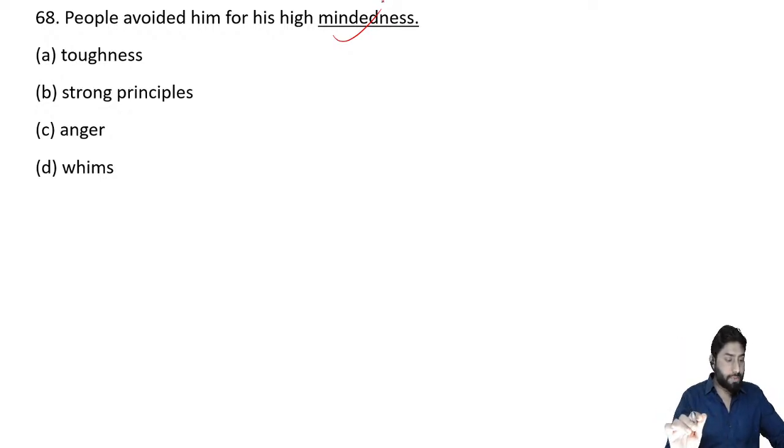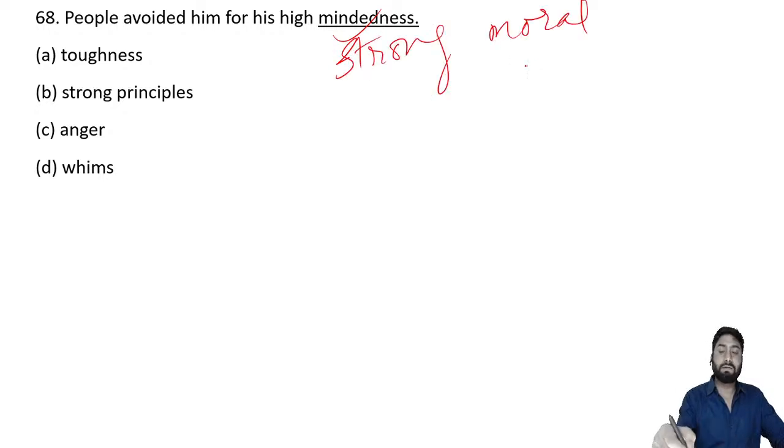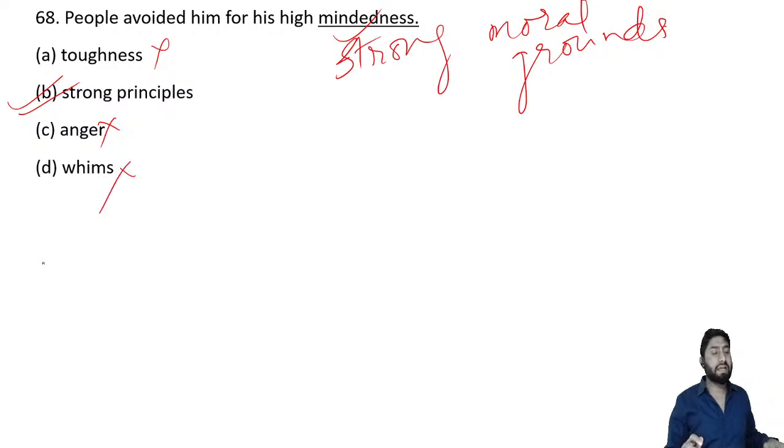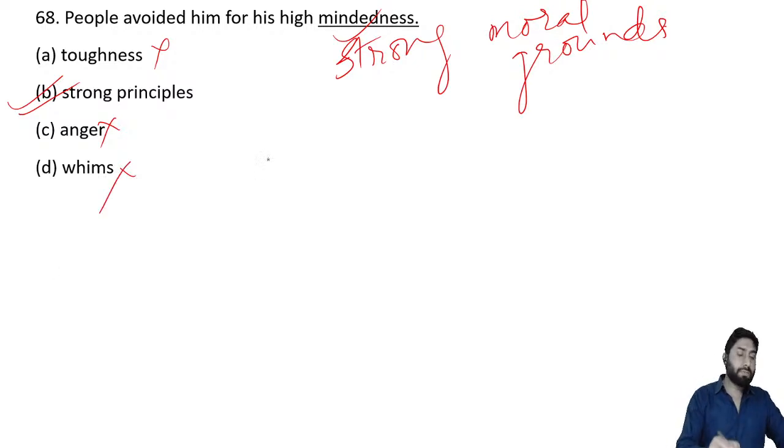Stronger moral grounds, that's what high-mindedness is. If you relate this in a synonymous sense, toughness it isn't, strong principles. Anger it isn't, whims it isn't. Whims, you act without thinking. That's whims, so it has no meaning here. So the answer is B, right?